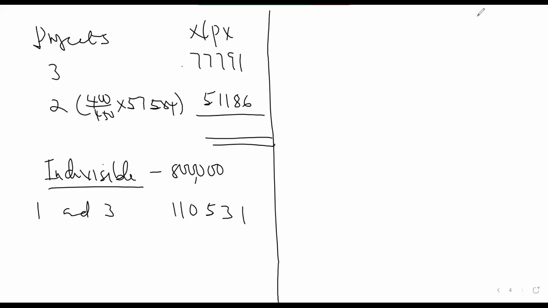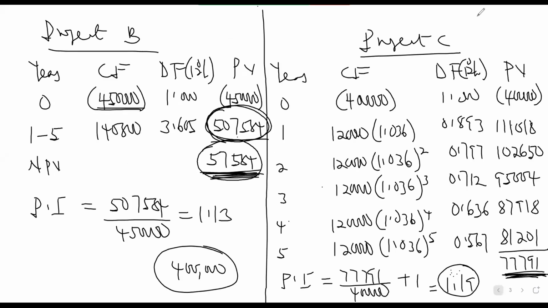We can also look at another combination. Which other combination can we look at? We want to utilize 800, so projects 1 and 2. Indivisible means that you cannot undertake part of the project. Either you undertake or you ignore.